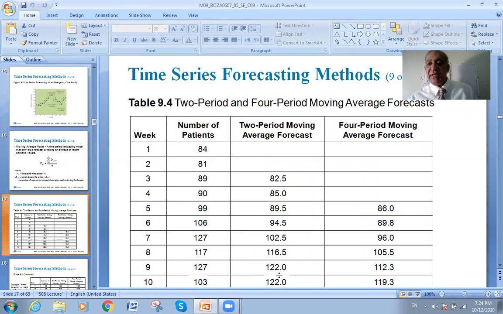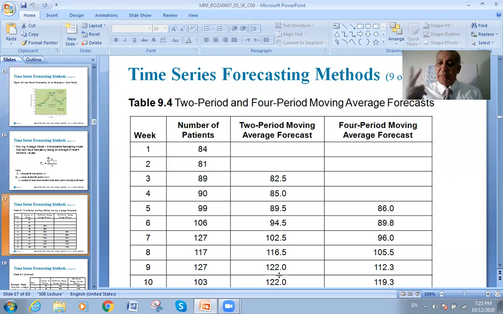Whatever I skip here, you also skip. So you will tell me now, oh, what is this? This we call 2 period and 4 period moving average, and we can use 3 period moving average, and we can use 5 period moving average. And what do we mean by the moving average?